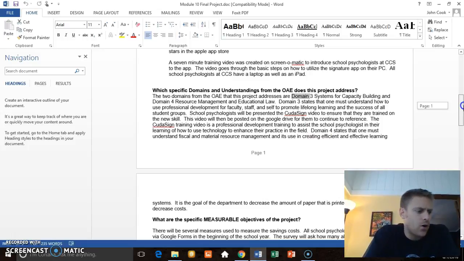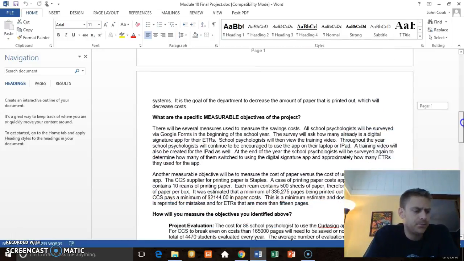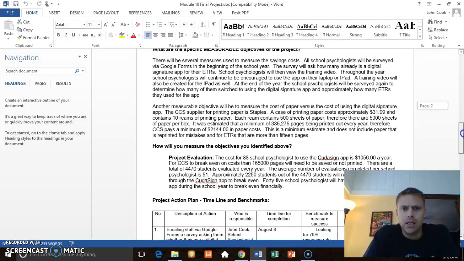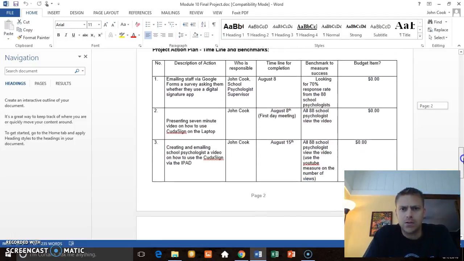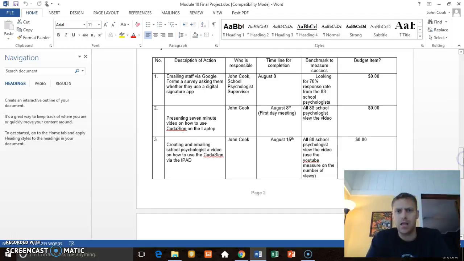As far as timelines go, let's talk about measurements and our timelines. We have 88 school psychologists. I computed that to break even, I need at least 45 school psychologists to participate in this program. At the beginning of the year, I want to find out if any school psychologists are currently using any digital signature apps. To my knowledge, there are none, but I still want to get that information.